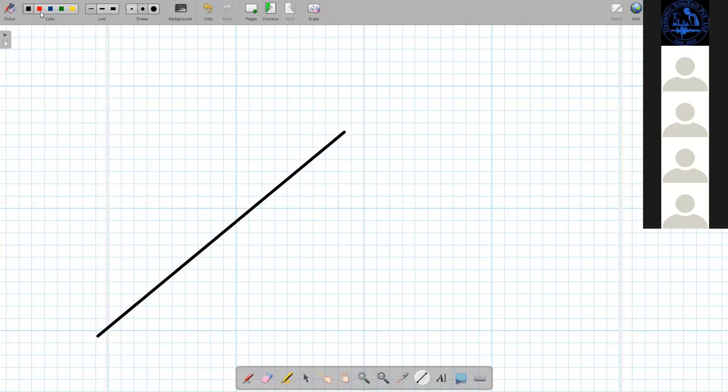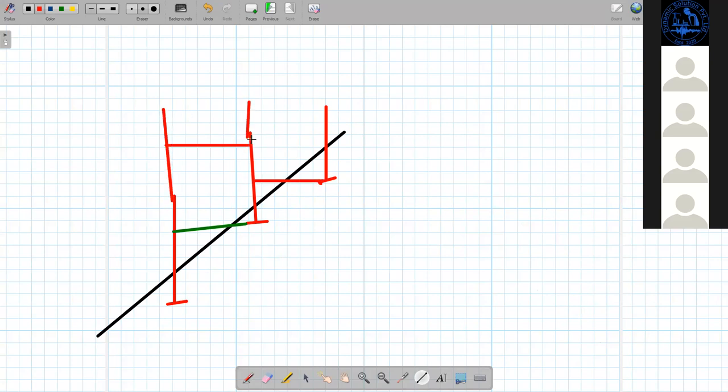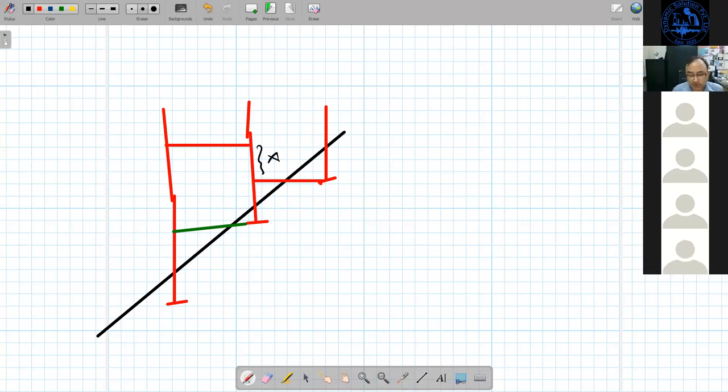Suppose one column is here, another column is here, and when I am connecting this column to this column, I have to see, okay, and there is another column. So I have to see that when I will be providing this beam, this column should not be a short column. Okay, if this will be a short column, then it will fail.